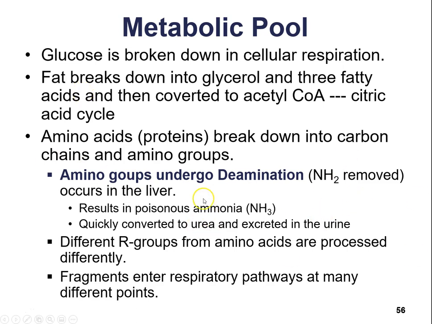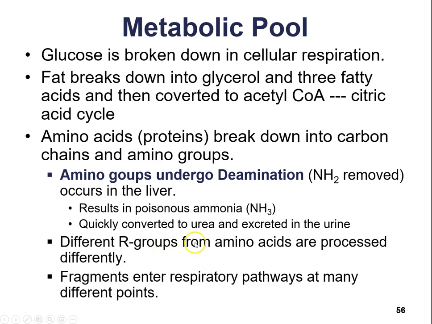It occurs predominantly in the kidneys. Once the ammonia is produced, it has to be converted to urea and excreted through the urine; if not, it's toxic. So because the breakdown of proteins into amino acids results in the production of ammonia, since they contain nitrogen, their removal is a little different from other types of biomolecules.